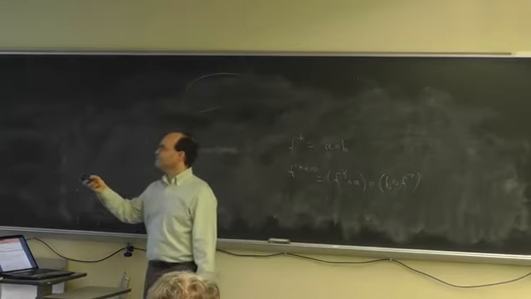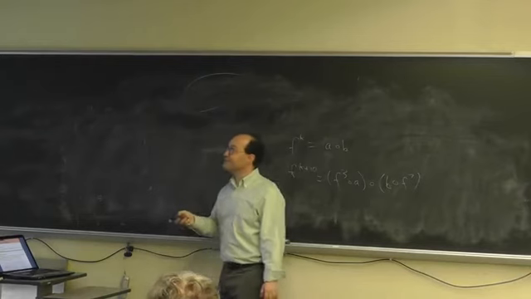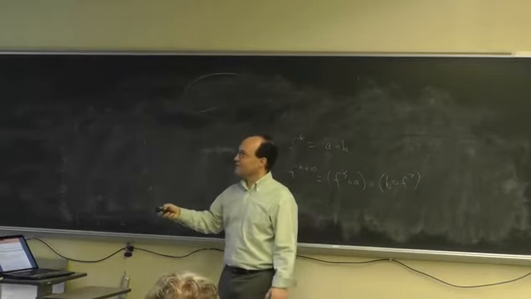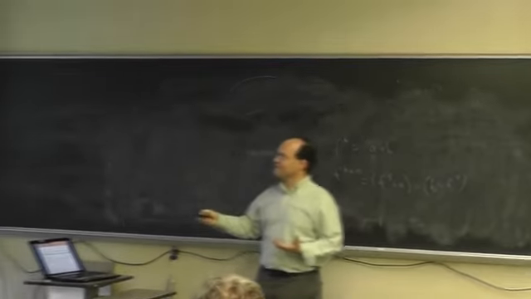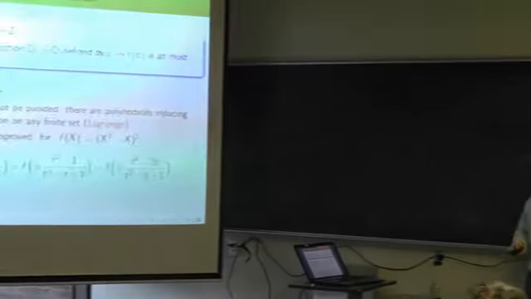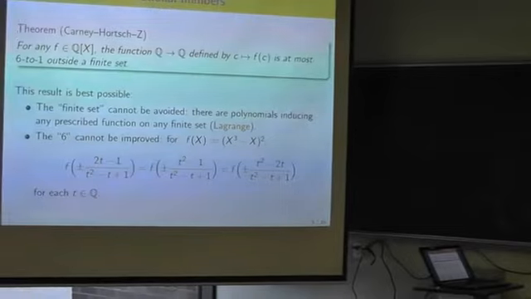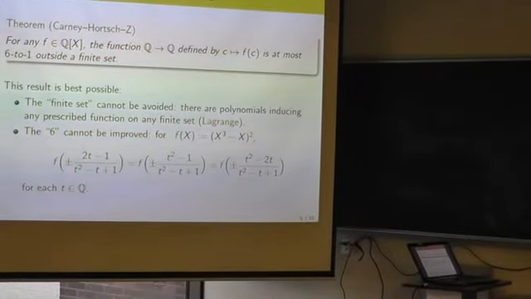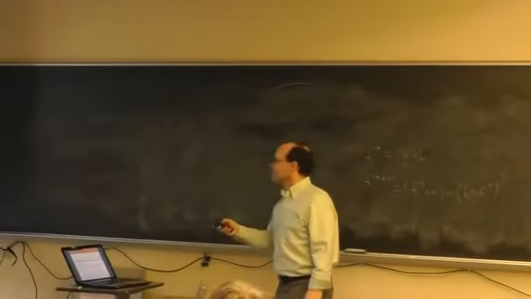For any number field, or in fact for any finitely generated field of characteristic 0, you get the exact same result, and 6 gets replaced by the largest n so that PGL2 of that field contains a dihedral subgroup of order 2n, or equivalently, the largest n so that cosine of 2 pi divided by n is in the field. Okay, so cosine of 2 pi over 6 is a half. Right? It's not a contradiction.